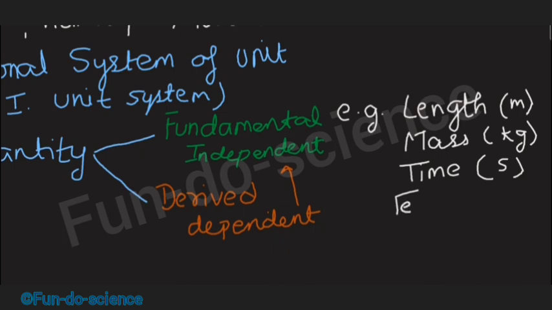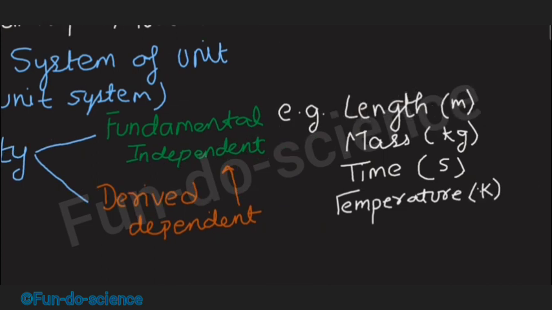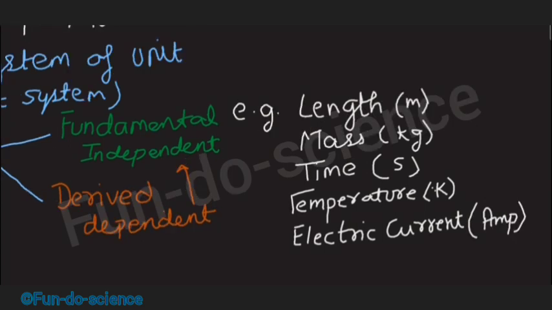Then temperature. This temperature is measured in Kelvin. Then comes electric current. It is also an important quantity and considered as a fundamental quantity. Electric current is measured in ampere. Apart from these 4 quantities, one more quantity is amount of substance.